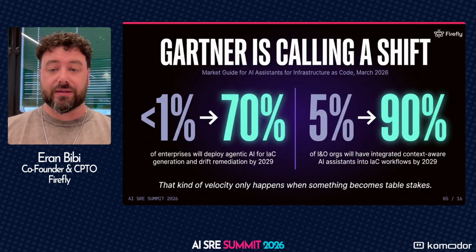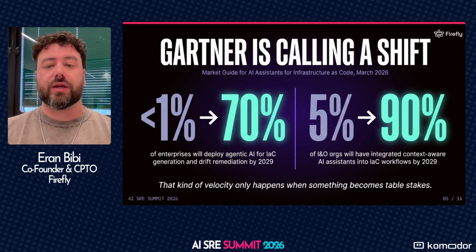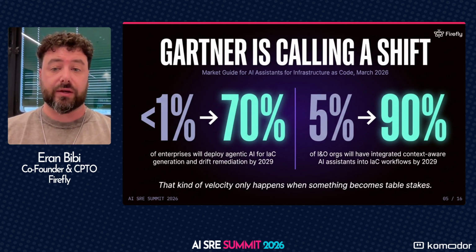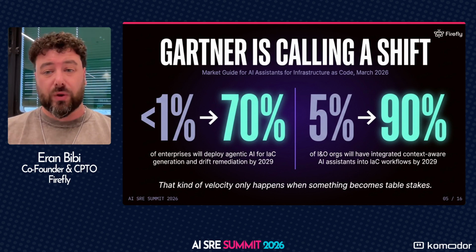Let's look at the analysts. These aren't my numbers. This is from the Gartner Market Guide for AI Assistants for Infrastructure as Code, published in late March, just a few weeks ago. Gartner is calling a 70x shift in 3 years. Less than 1% of enterprises are using agentic AI for IaC today. But by 2029, 70%.